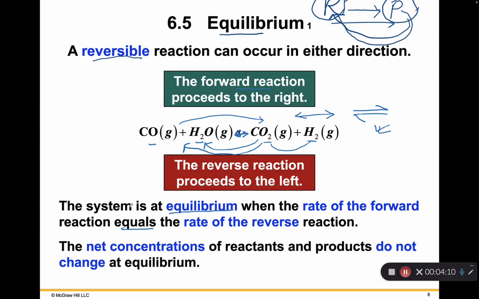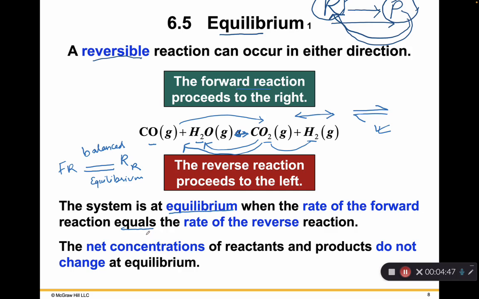We call this special condition equilibrium, right? In English, equilibrium means equal. When the forward rate and the reverse rate are equal, we have an equilibrium state. Equilibrium state is known as a balanced state, right? We have a very balanced state during that particular moment. The condition is that the rate of the forward reaction should be equal to the rate of the reverse reaction.